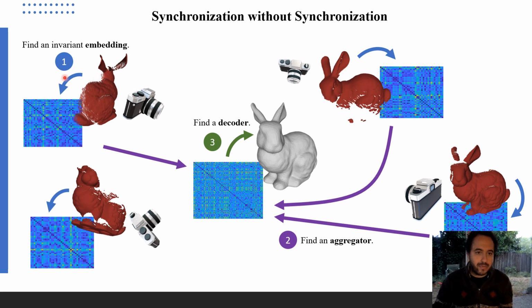Now, we could always find a distance matrix corresponding to each partial observation that is invariant under the action of SE3. And then we could basically merge them in one common distance matrix, which we could revert back using a classical multidimensional scaling algorithm to a full bunny, basically, right? And this is one way to kind of use canonicalizers, if you will.